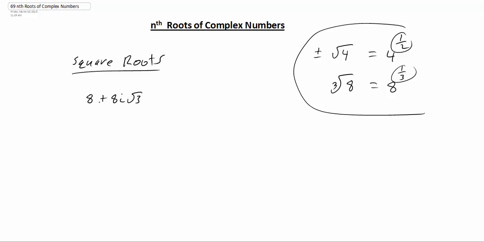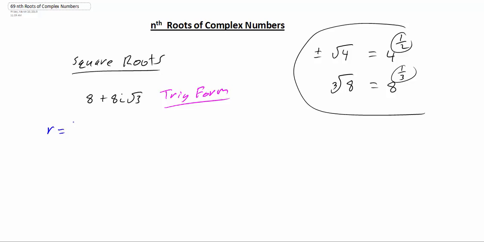In order to do that, we first want to convert this to trig form. If we convert this to trig form, it's going to be rather easy to calculate the roots. First, we're going to have to find r.